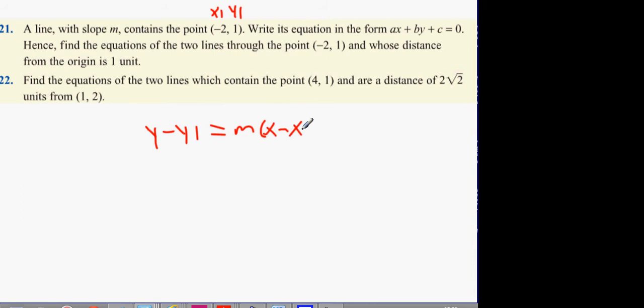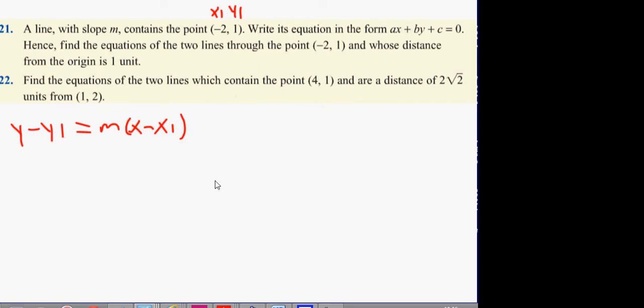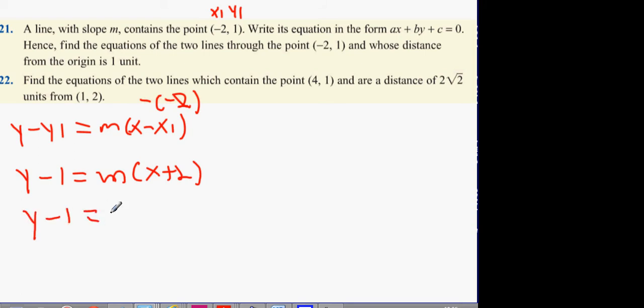Just going to move this over this side of the board because I just want to use half the board. y minus 1 equals m into x plus 2, because it's minus minus 2, which is plus 2. Now this is done. y minus 1 equals mx plus 2m.